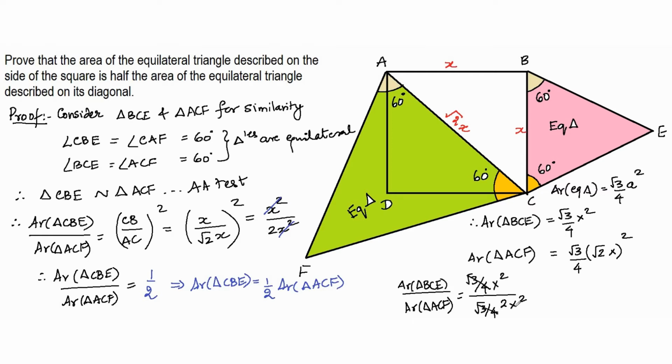Now root 3 upon 4 cancels, x square and x square also cancel, so 2 is left in the denominator, and therefore area of triangle BCE is equal to half the area of triangle ACF. Right? This is how I can go about this particular question. So again, pausing for a few seconds before I take up the next one.